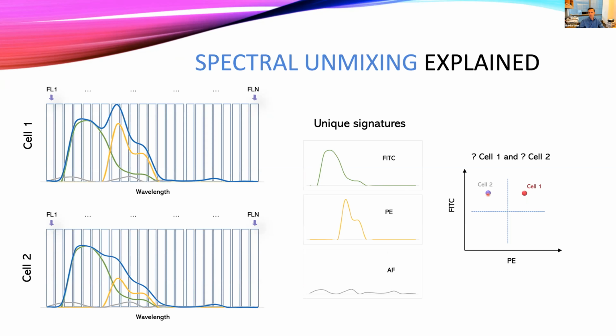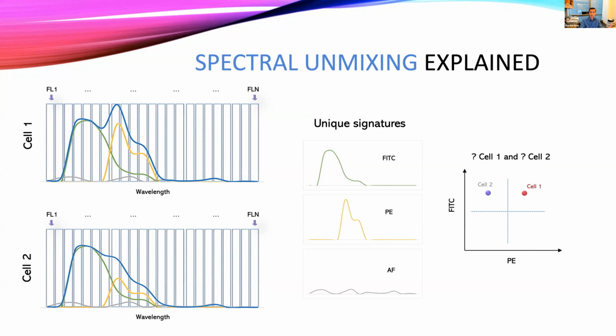Now, if the algorithm is basically unmixing using autofluorescence as an extra fluorochrome, then what we're seeing here as the amount of FITC and as the amount of PE is the true signal of FITC and PE without the autofluorescence, right?